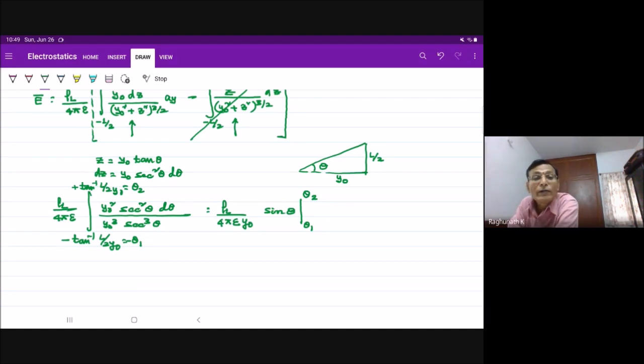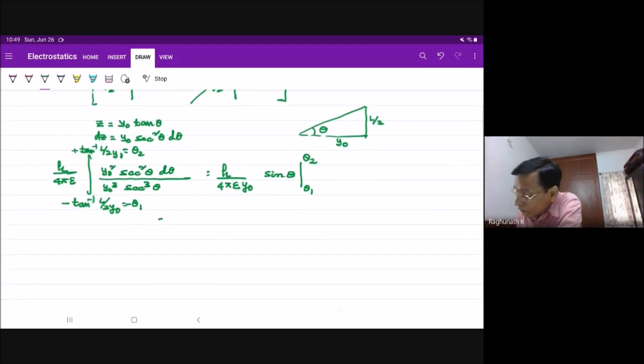What is sin theta now? So sin theta from theta 1 to theta 2 is actually what? Rho L by 4 pi epsilon y naught, sin theta 1 to sin theta 2, right?